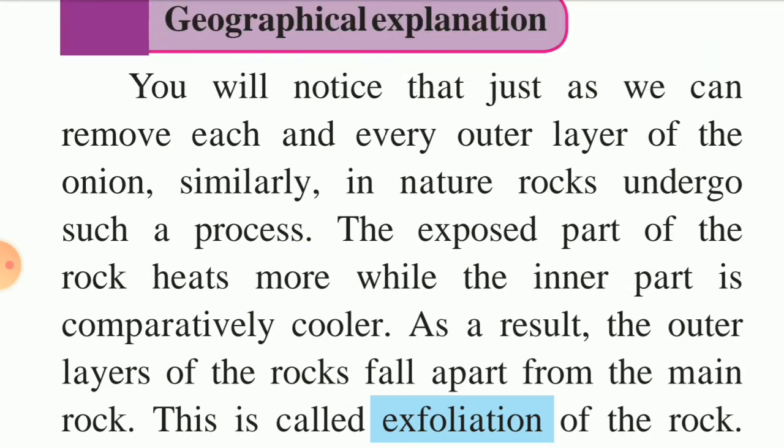The exposed part of the rock heats more while the inner part is comparatively cooler. Here the mountains are there, and because of the scorching heat of the sun, the top layer of the rocks gets heated faster, but the inner part is comparatively cooler.